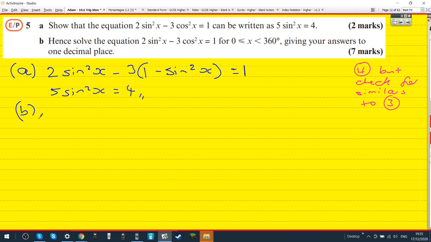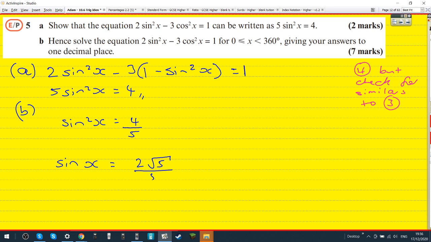So would you divide by 5 on both sides? Mm-hmm. Okay. So it'll be 4 over 5 equals sine squared x. And then would you square root both sides? Mm-hmm. Which gives you sine x equals 2 square root 5 over 5.